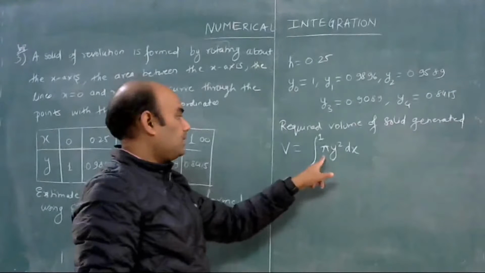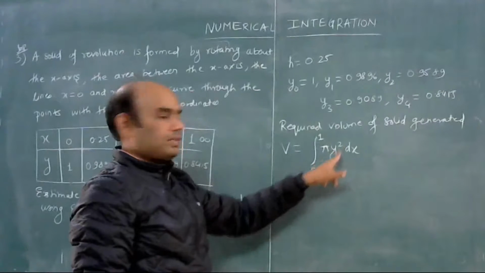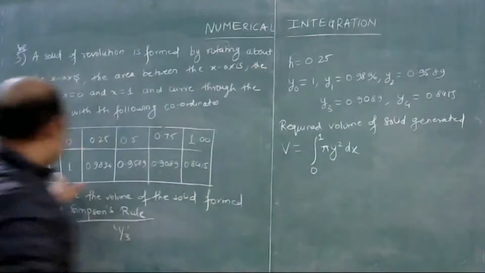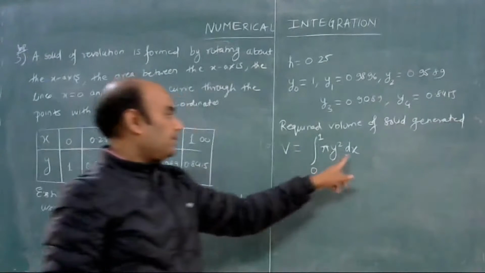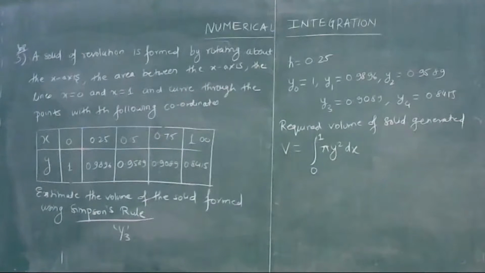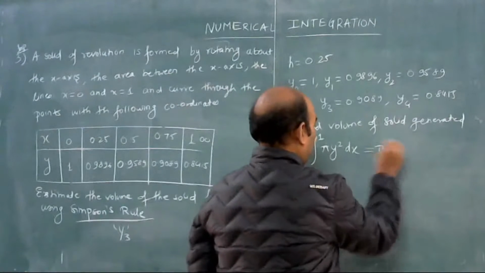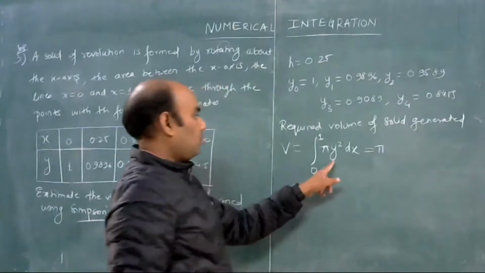Okay. So this is pi r square. So this will be pi y square, where the radius is y, into dx. Okay. So this will be equal to pi, and here it is y square.